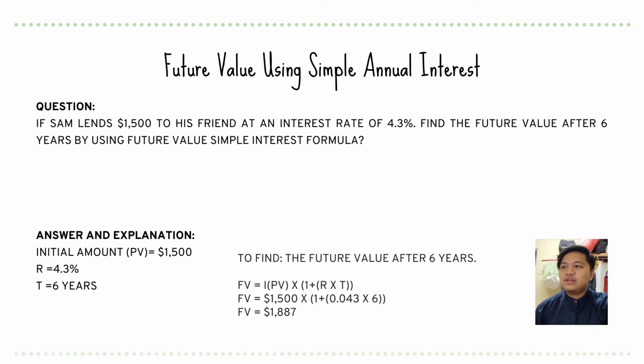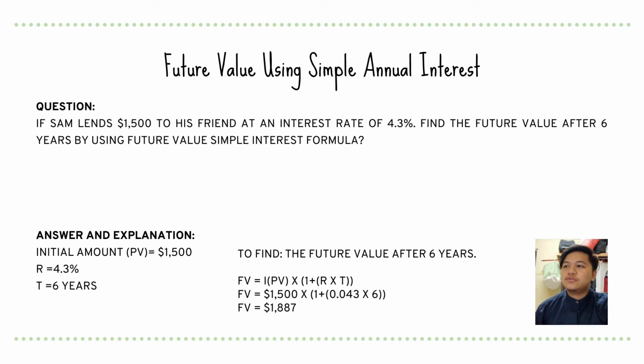Okay, for now I will show you an example of future value using simple annual interest. The question is: if Sam lends $1,500 to his friend at an interest rate of 4.3%, find the future value after 6 years by using the future value simple interest formula.